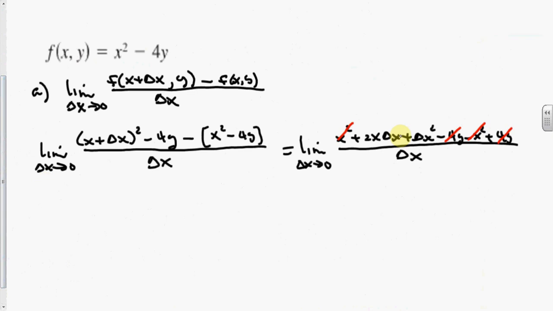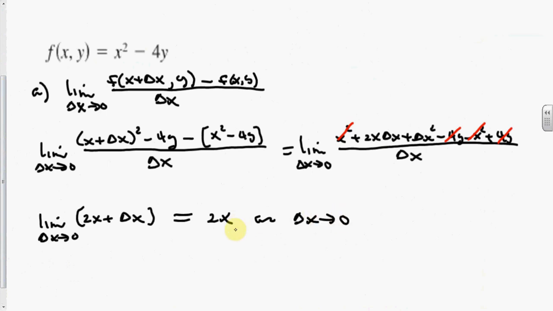Since my time is limited, I'm going to factor out a delta x and divide it out. So this is the limit as delta x goes to 0 of 2x plus delta x, and this is equal to 2x.